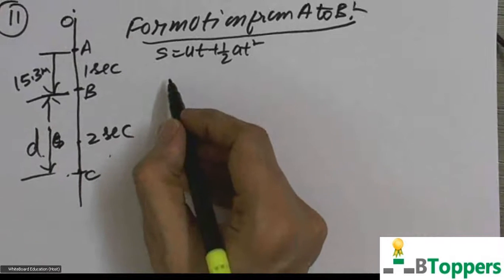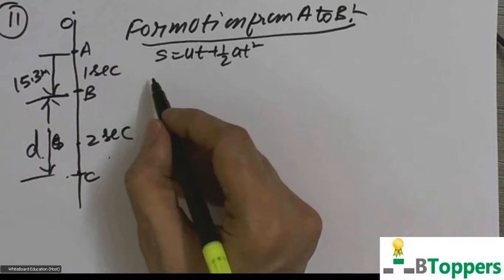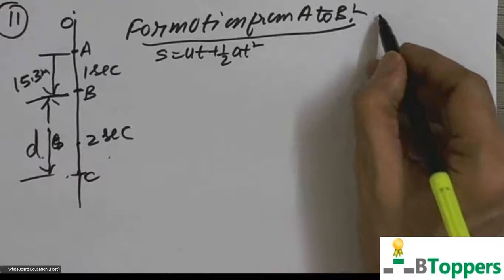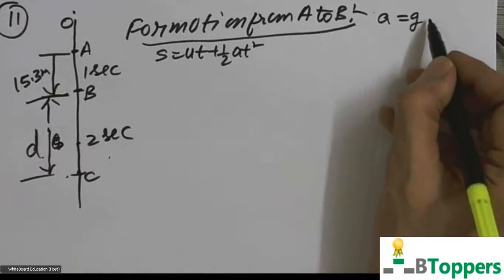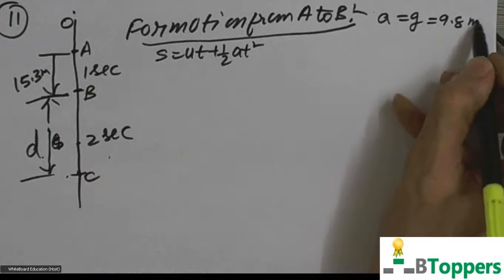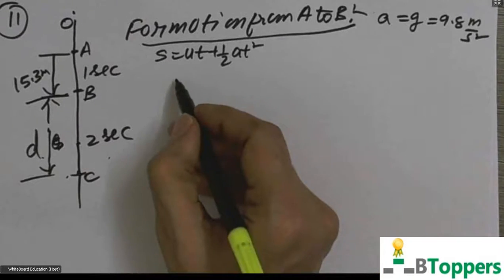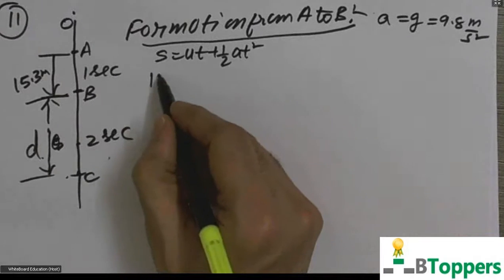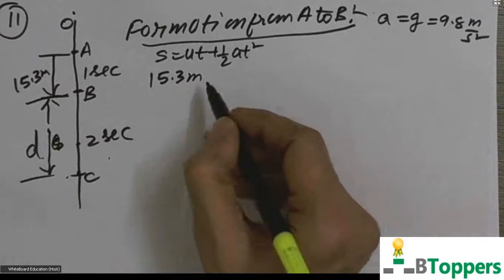For motion from A to B, A is the initial position, B is the final position. And the body is falling under gravity, so a equal to g, that is 9.8 meters per second square throughout the motion. For motion from A to B, displacement is 15.3 meters.